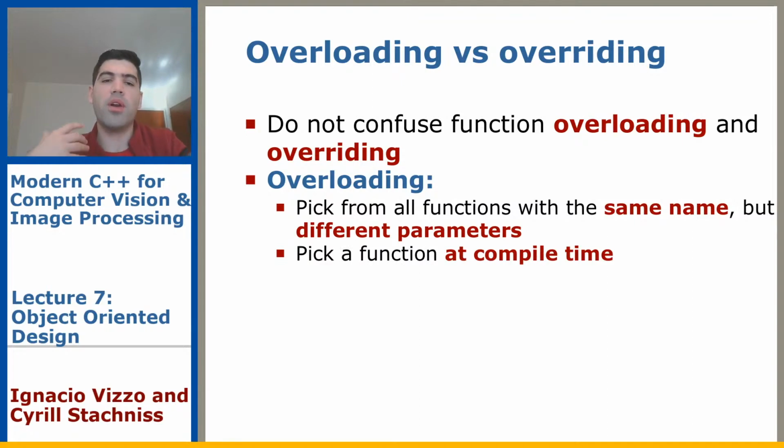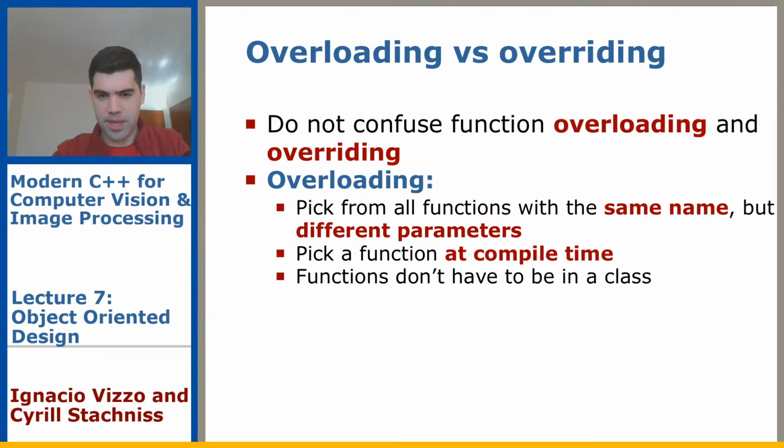And then you overload this function. Depending on how you call this add operation, at compile time the compiler will say, okay, you are calling this function from all these possible functions, right? And if you do this, the functions don't have to be in a class, they're just functions.